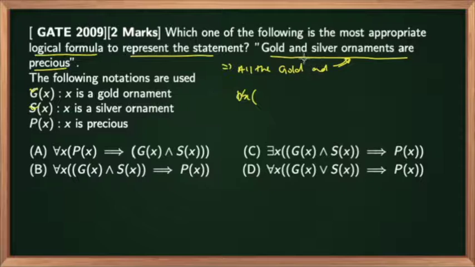So we have to say gold ornament and silver ornaments. We cannot say when an ornament is gold as well as silver, right? So it should be actually all the gold as well as all the silver ornaments are precious, right? So g of x or silver of x, that means it should be precious. Remember this, for all x we have implication here, okay? So the answer should be D.